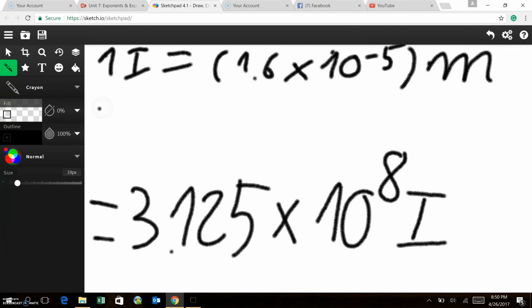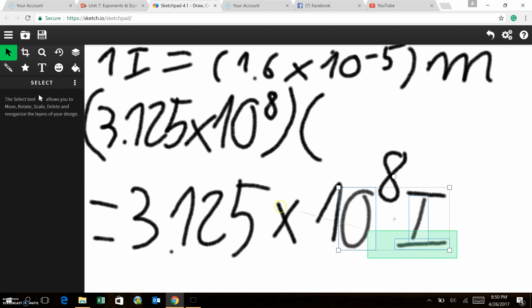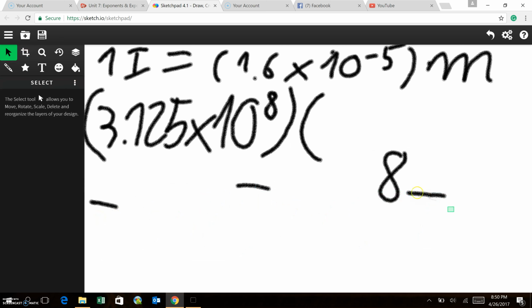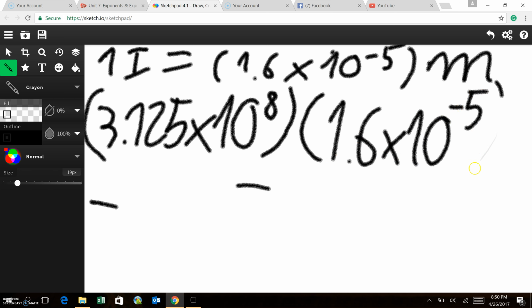Alright, so I'm gonna write 3.125 times 10 to the power of 8, in brackets, times 1.6 times 10 to the negative 5. So 3.125 multiplied by 1.6 is 5.